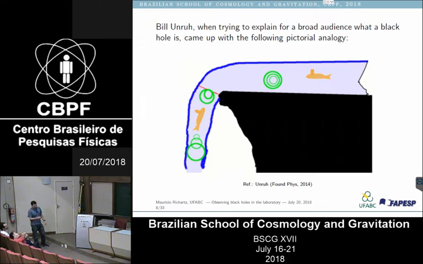So this is the typical explanation that Unruh himself gives. I'm using the same picture and the same explanation he always does, which is very pedagogical, I think. Imagine a river flowing down, and you have a waterfall, so that the water flow is slow up here and much faster down.